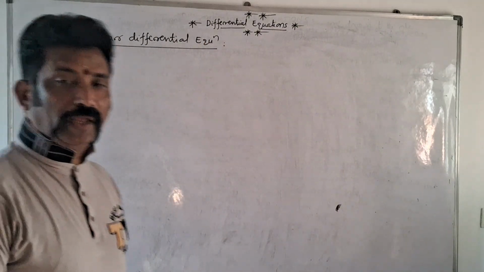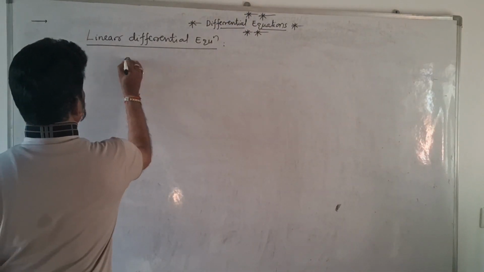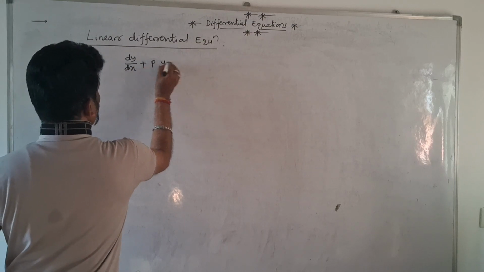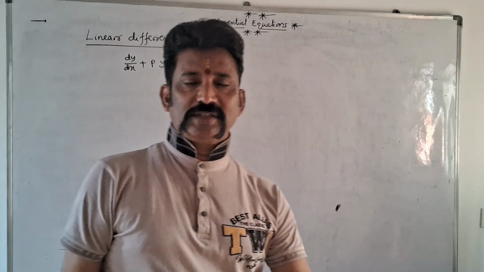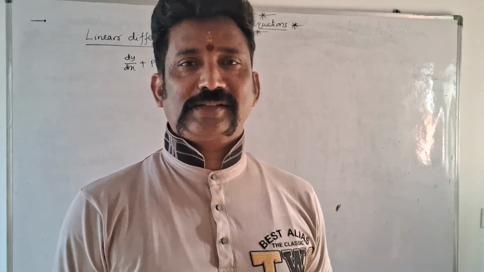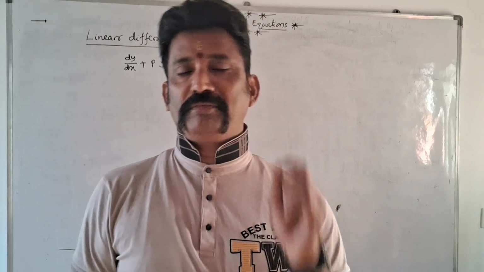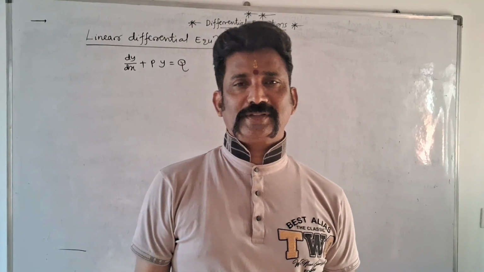Okay. So any differential equation is of the form dy by dx plus py is equal to q, where p comma q are functions of x, or continuous functions of x.